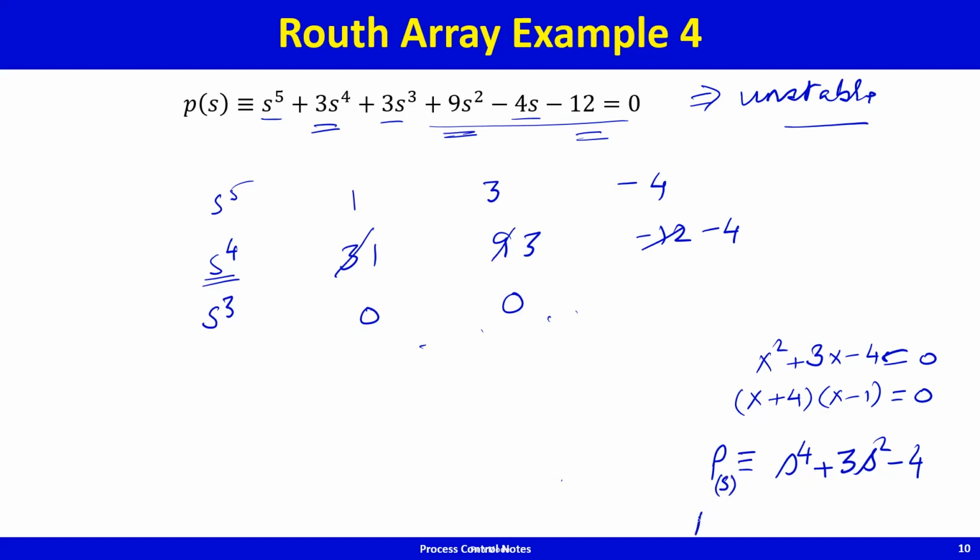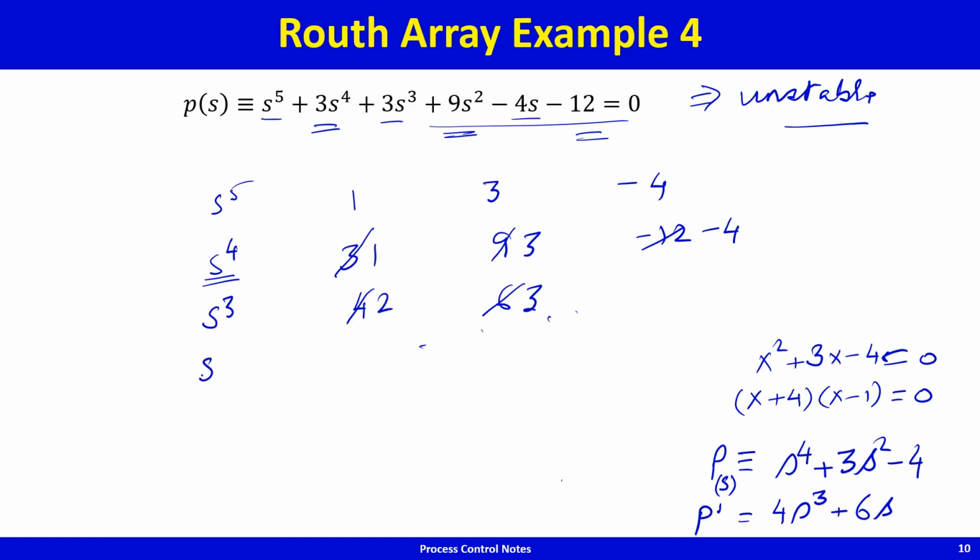The derivative, p prime, is actually 4s cube plus 6s. So the elements here, replace these 0 elements by 4 and 6, and 4 and 6 have 2 in common, so just for completeness, take 2 common, so this will be 2 and 3.